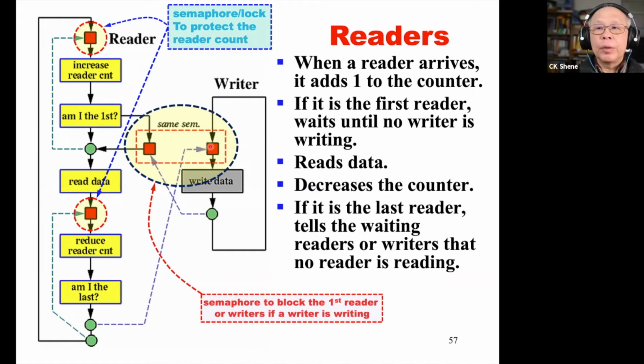This semaphore is used to block writers if there is a writer writing. Now, if there is a writer writing, then all subsequent writers will be blocked here. If a writer comes in and no writer is writing, this writer could go ahead.